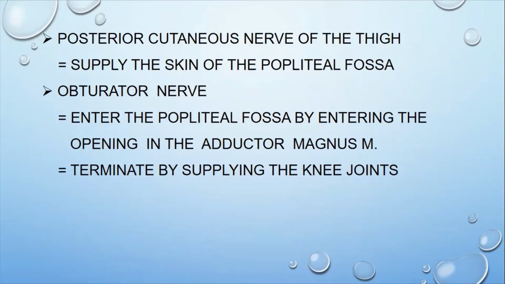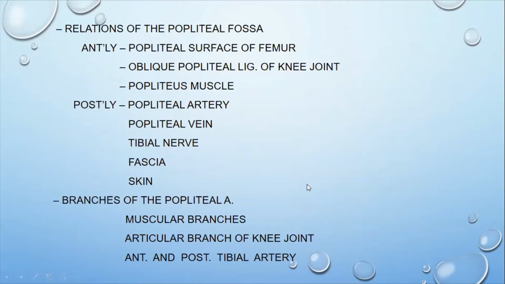And another structure would be your posterior cutaneous nerve of the thigh, which I earlier mentioned, and this supplies the skin of the popliteal fossa. Then you have the obturator nerve, which will enter the popliteal fossa by entering the opening in the adductor magnus muscle. So this will also terminate by supplying the knee joint.